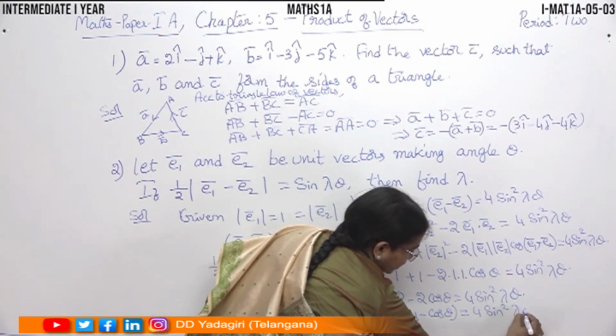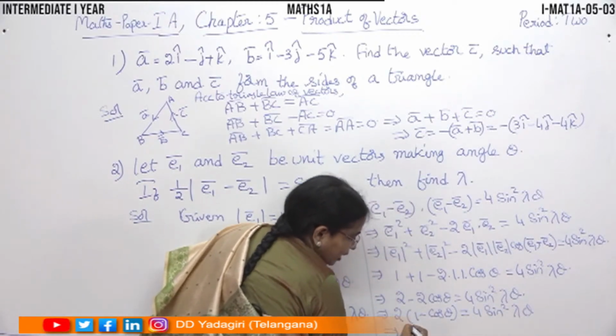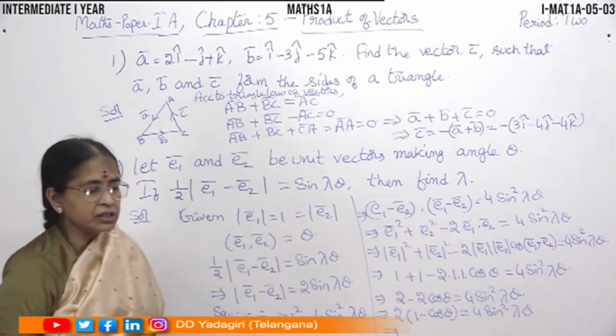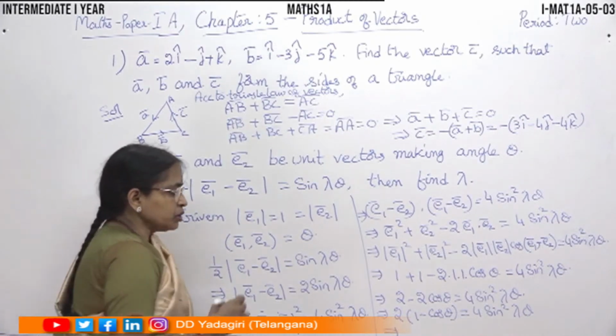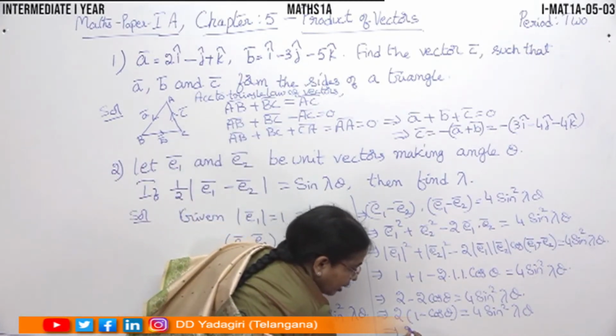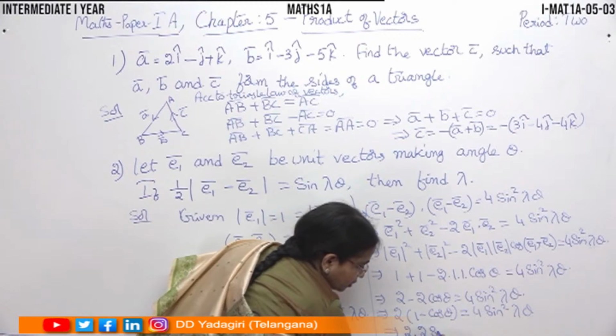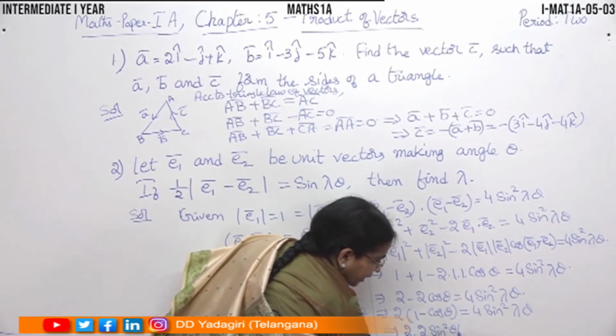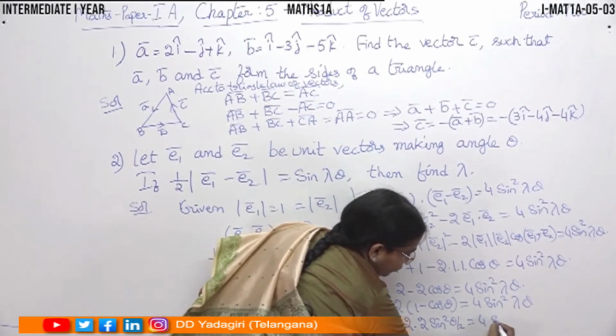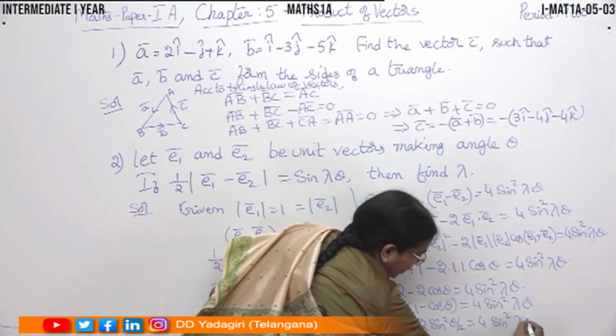Now what is 1 minus cos theta? 1 minus cos theta is 2 sine square theta by 2, half angle formula. So 2 sine square theta by 2 is equal to 4 sine square of lambda theta.